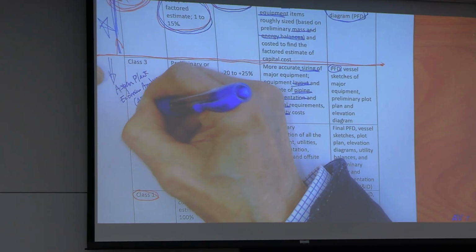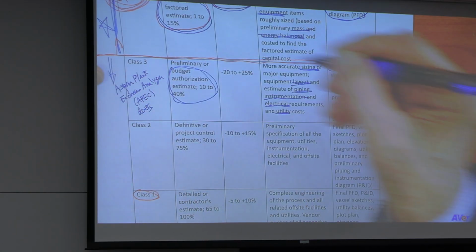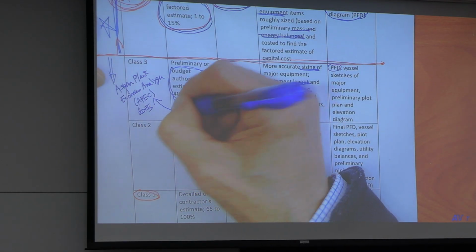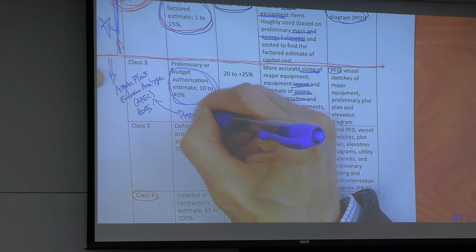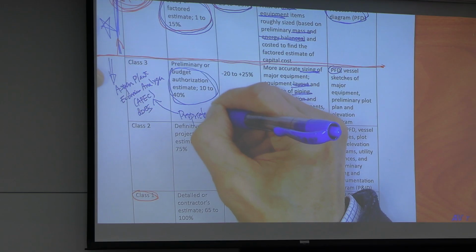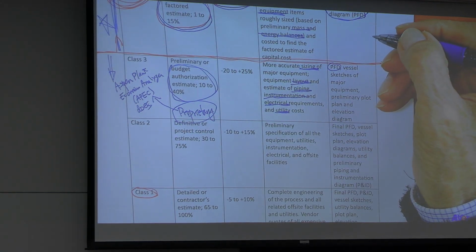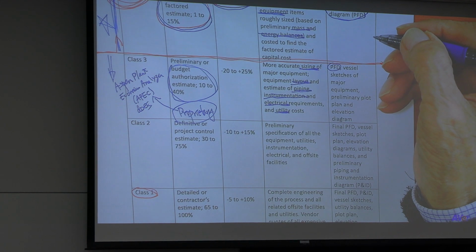APEA does. Unfortunately, everything here is a black box: you cannot find out the assumptions involved. You cannot find out where the database for their costs comes from.